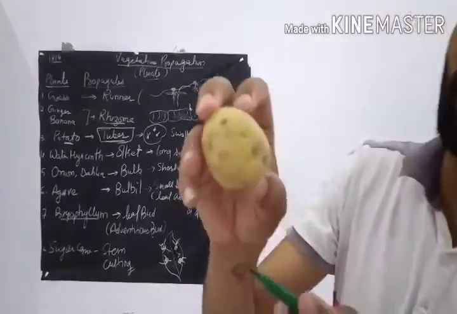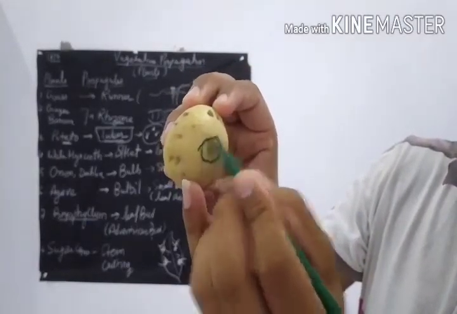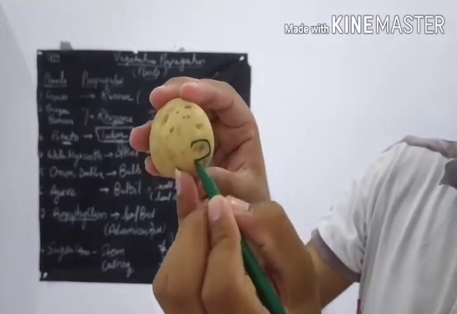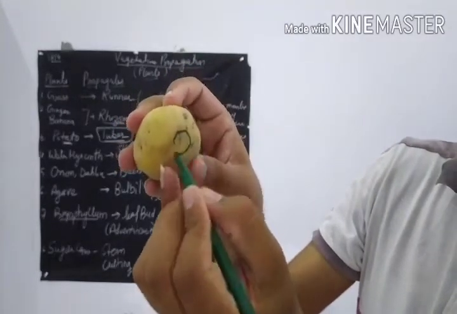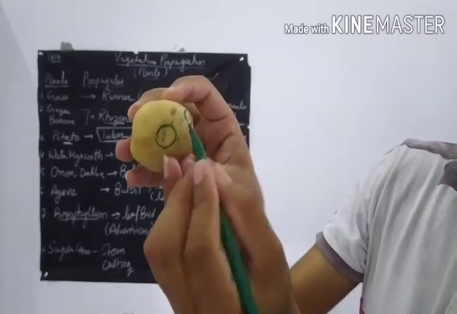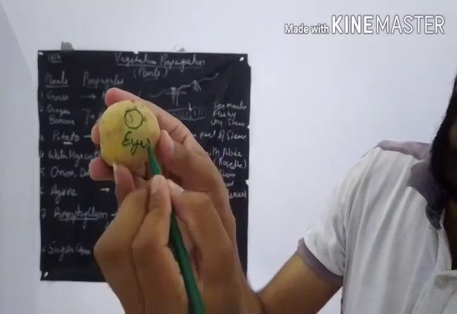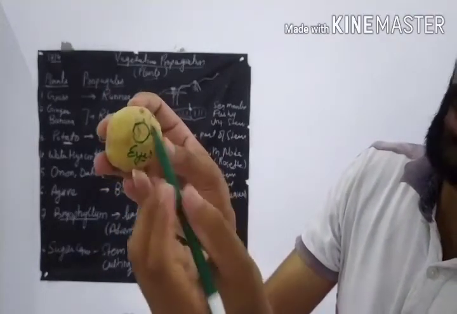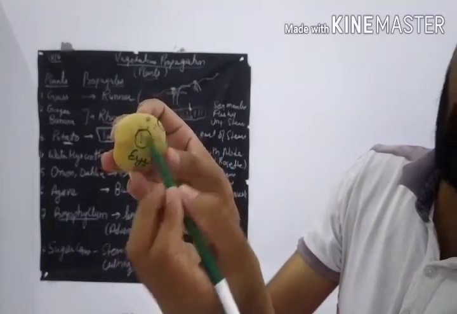If you see here, this part, this part, or this part, these are the buds, or we can say eyes. So this is a bud, and this is the node.